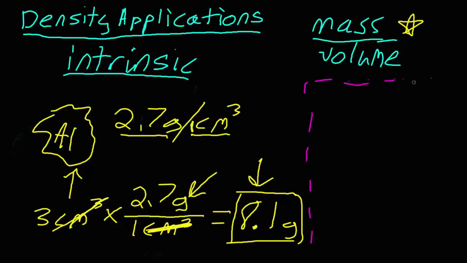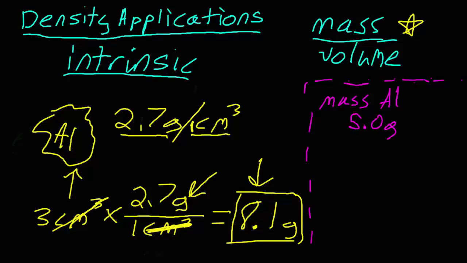So let's box off a second area here and talk about using mass in the same way. So maybe I have this same sample or a different sample of aluminum that I put on a balance, and I determine the mass of that aluminum to be, let's say, 5.0 grams. So not a very big piece.